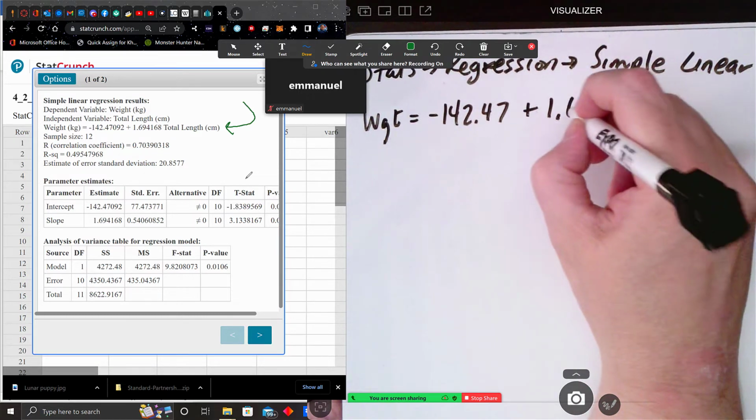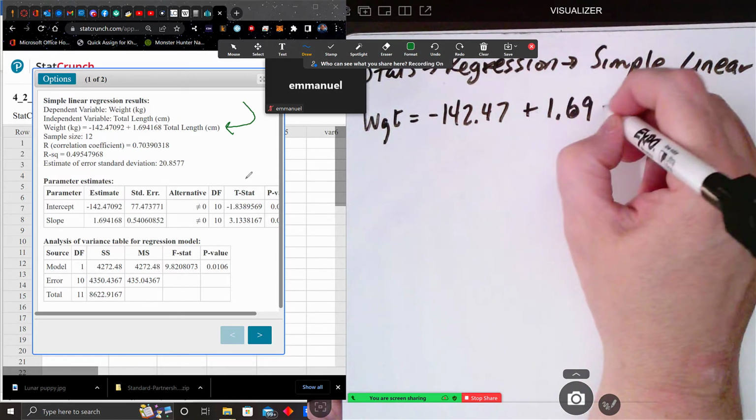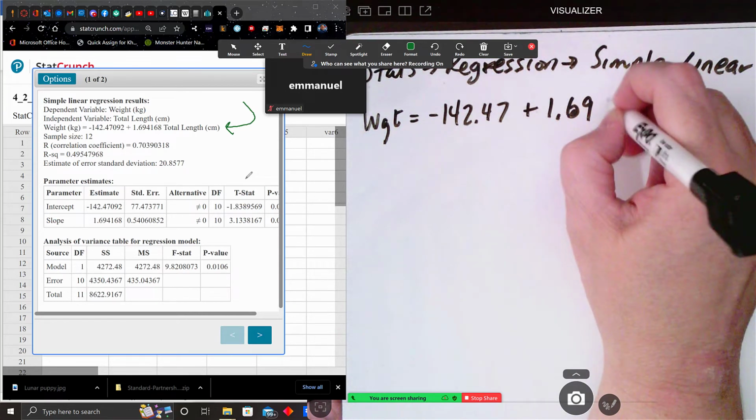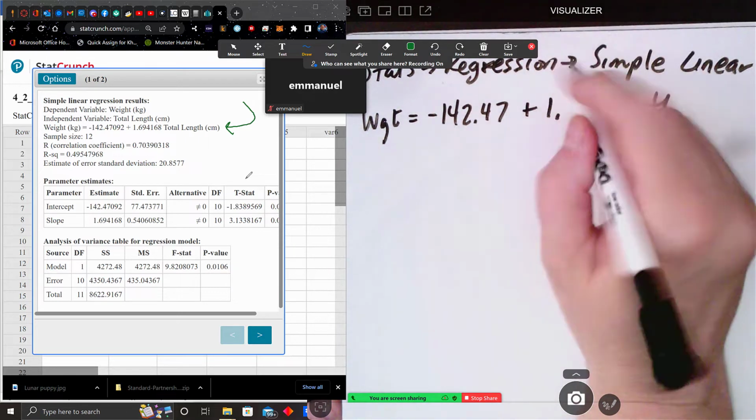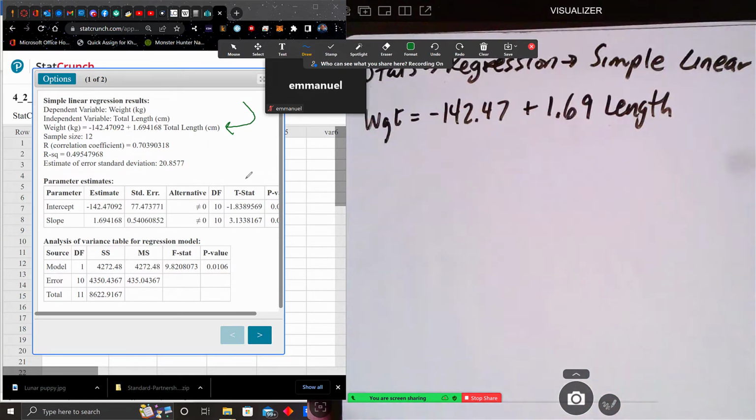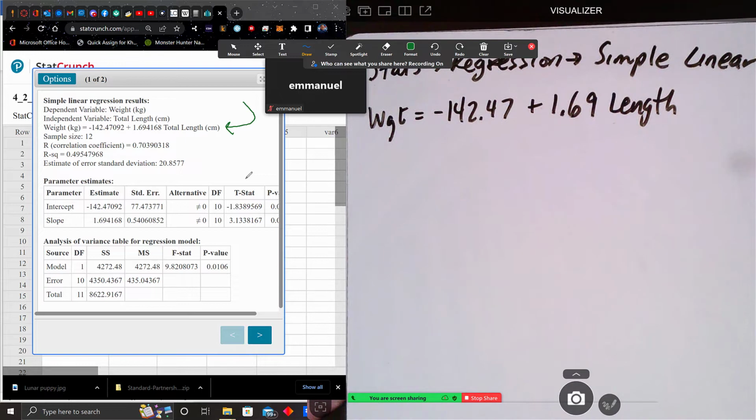I'm just doing a couple decimal places on these. And then the length. And they've got listed up here, dependent variable is weight.